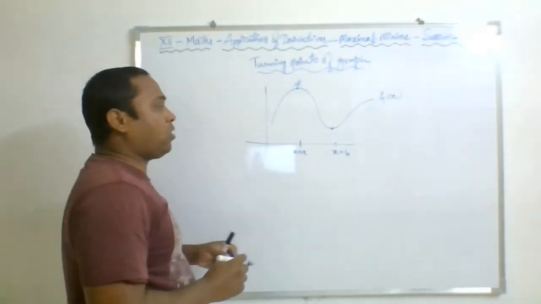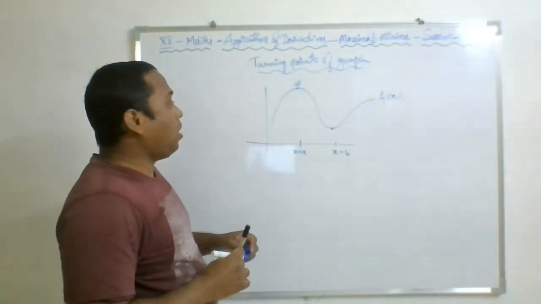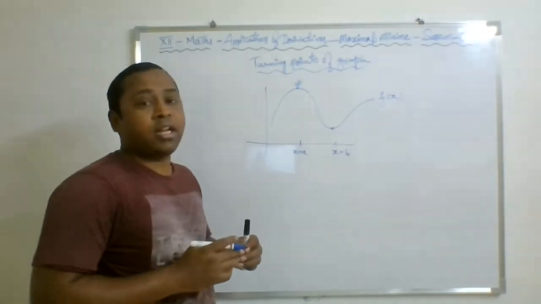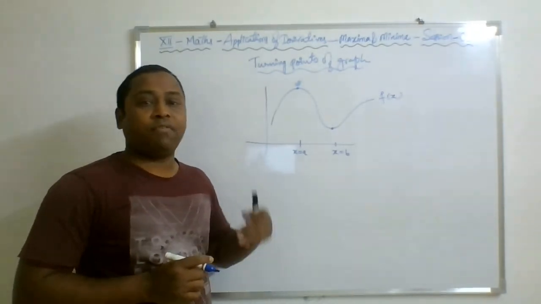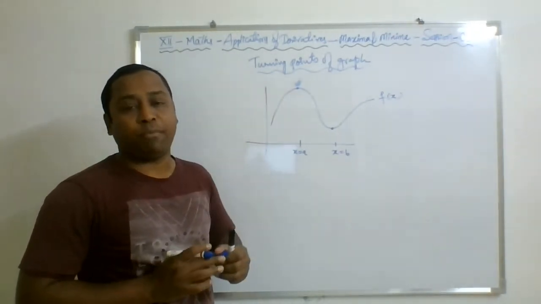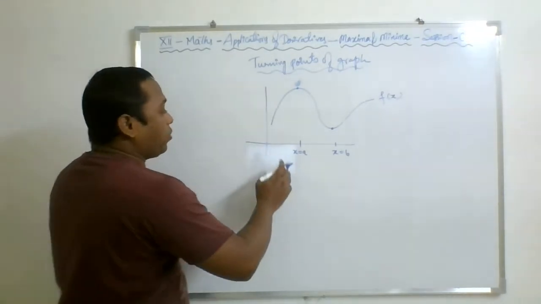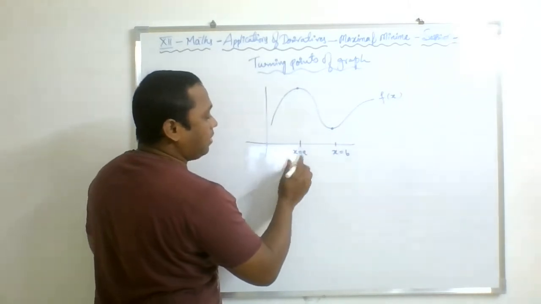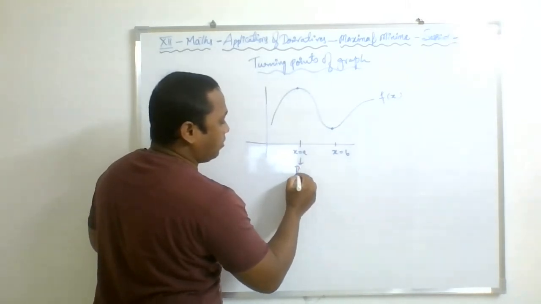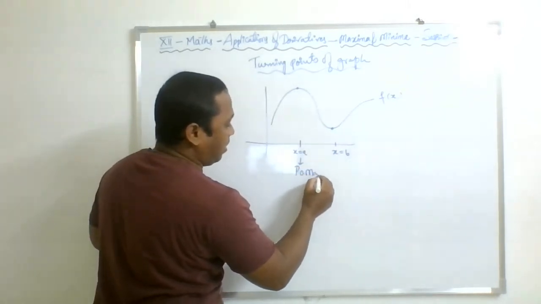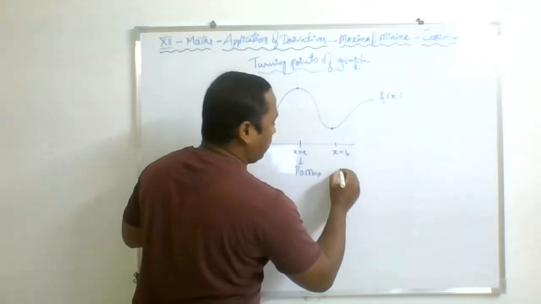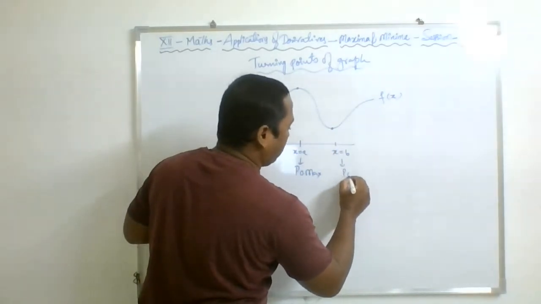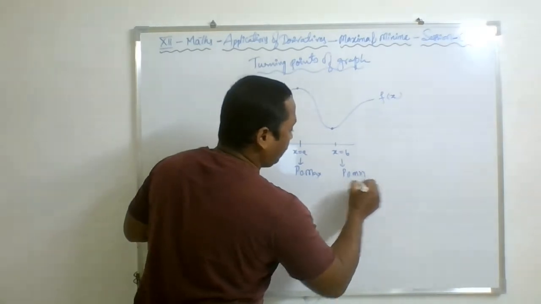So these two are called turning points. Now I want to know whether each turning point is a point of maxima or a point of minima. If you see the graph, you can easily identify that x equals a is the point of maxima, and x equals b is the point of minima.